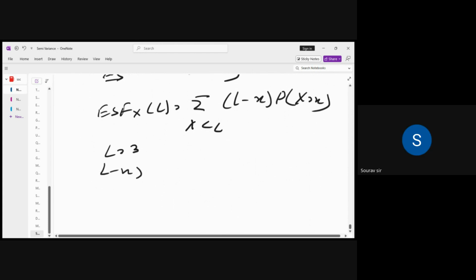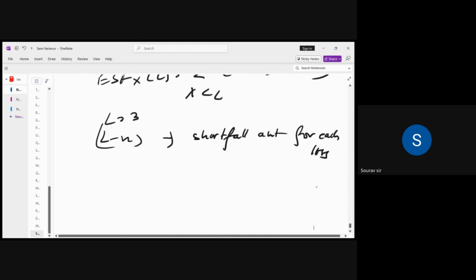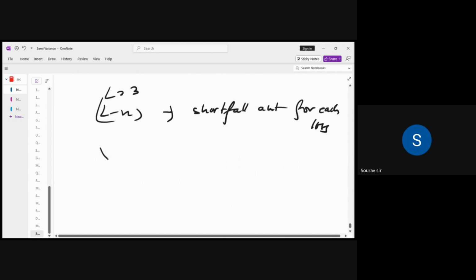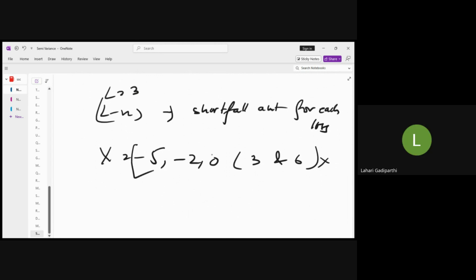L minus x is the shortfall amount for each loss, and P(x) is the probability of each return. So below 3 means X is minus 5, minus 2 and 0, because 3 and 6 are not below 3. So these probabilities will be considered.